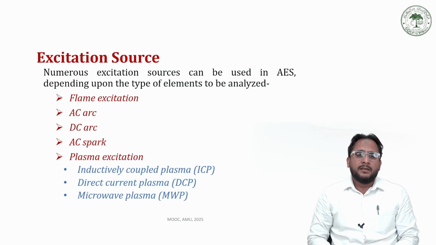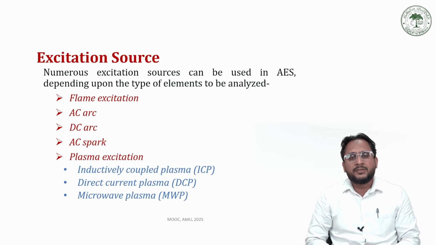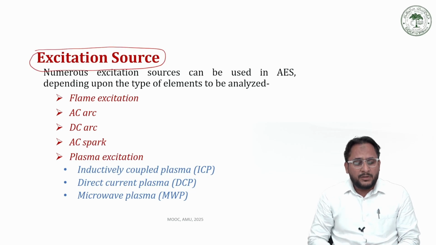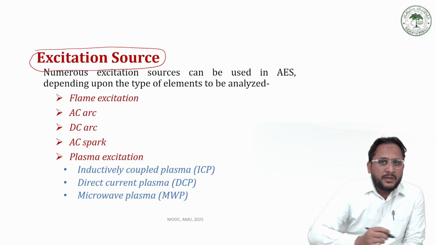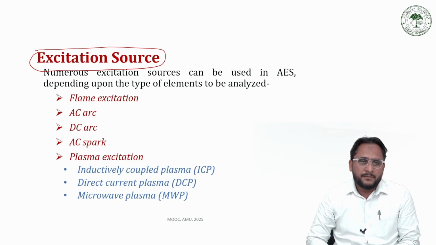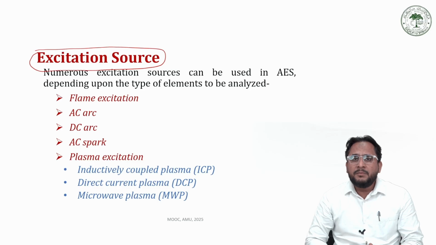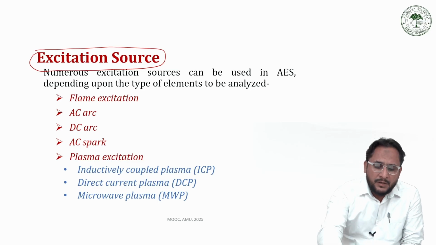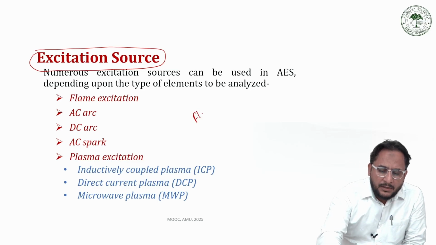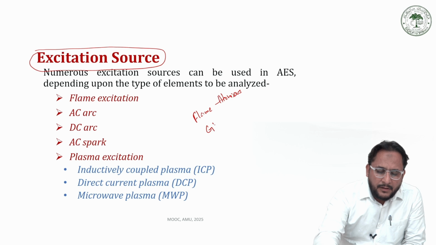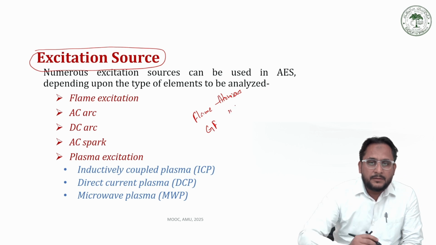Then come the excitation sources, which are the most important component of an atomic emission spectroscopy. In case of AAS, only a limited number of atomizers are available, the common atomizers being flame atomizers or graphite furnace atomizers.